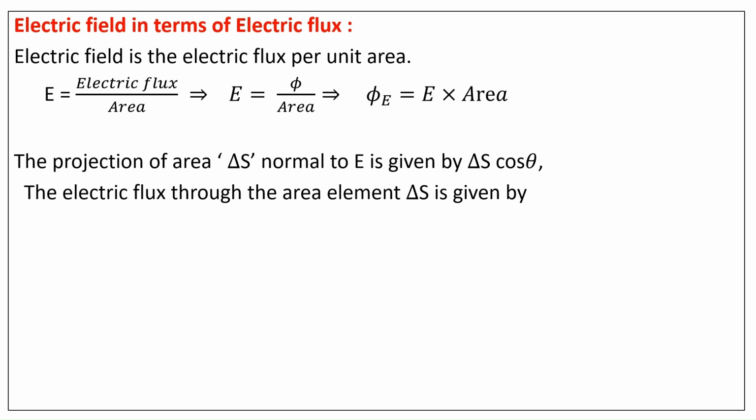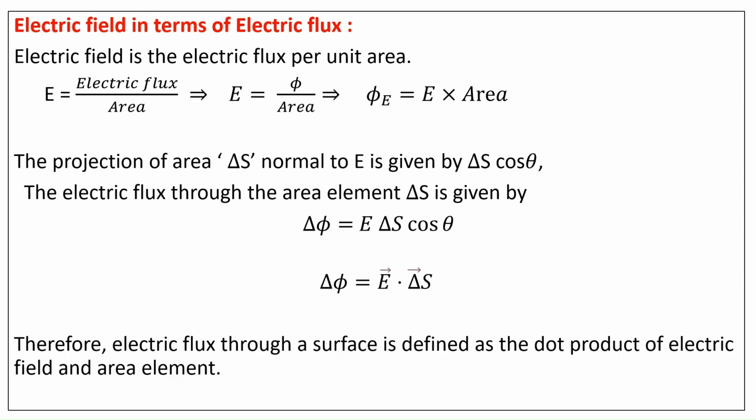The electric flux through the area element delta S is given by delta phi is equal to E delta S cos theta. That is, delta phi is equal to vector E dot delta S. Therefore, electric flux through a surface is defined as the dot product of electric field and area element.